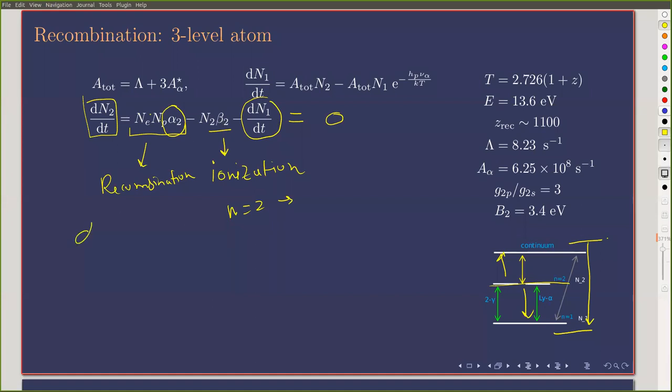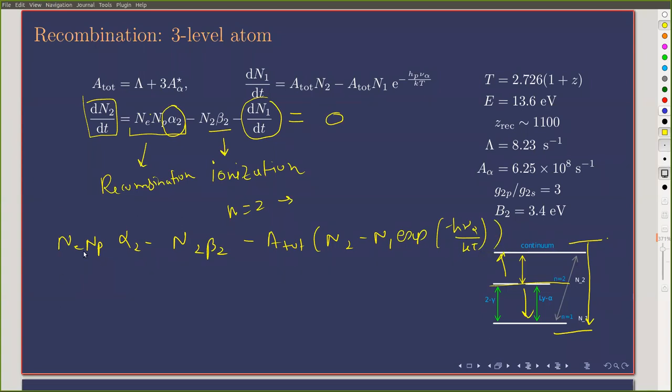Now we can put in these values in this equation and solve for it. So basically we have Ne Np alpha 2, minus N2, and we will use this equation. So this is A total times this, and this is equal to 0. These are the assumptions that we have. This is, sorry, electron.